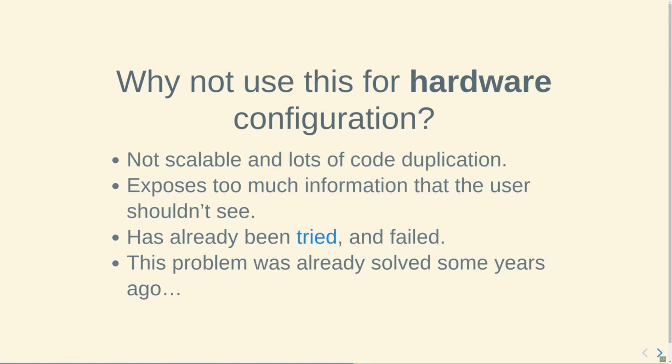It has already been tried by other OSs and has failed because it doesn't really scale. It's not meant for hardware description. It's only for software configuration. So the proposed solution for this part has been around for many years now, and Jose will tell you about that.